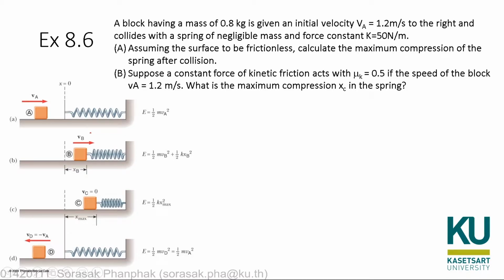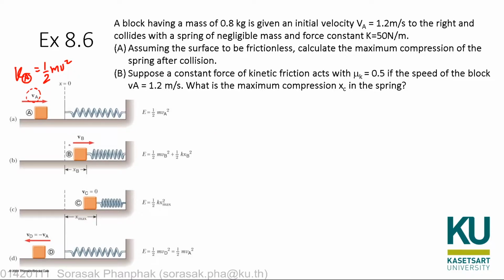So now, if you would like to determine in another stage, for example, this block initially has velocity VA. That means it has the kinetic energy at position A as 1 over 2 mv squared.